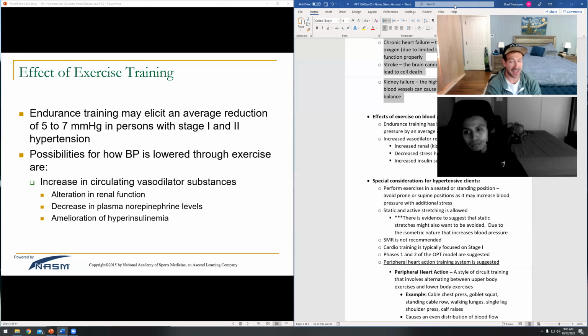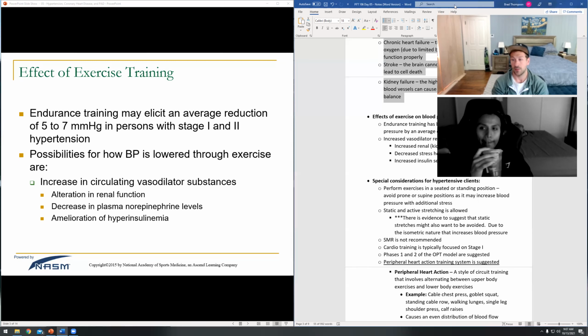When you start exercising, your body will prioritize blood flow to your muscles. And when you stop exercising, your body will prioritize blood flow to your digestive system. This is why we have the sympathetic versus the parasympathetic nervous system. The sympathetic one is known as fight or flight. The parasympathetic one is known as rest and digest. So this is what's kind of cool about that.